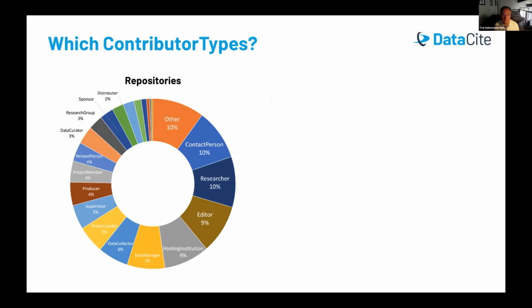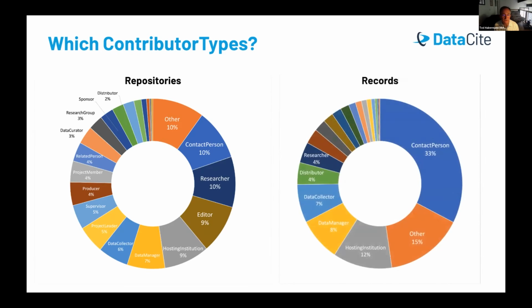In the records, the picture is a little bit different. 33% of the records include contact person, 15% include other, 12% hosting institution, and then from there on they fall out. So what this means, I think, is that there's some large repositories with lots of records that are acknowledging contact persons, and so they show up as a big number.